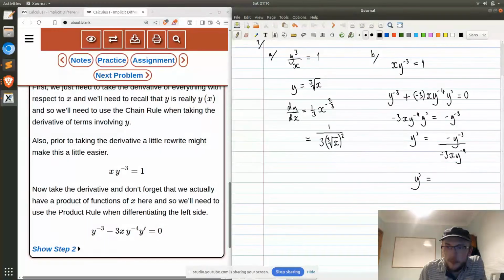And then we have y to the minus 3 over y to the negative 4. So that just has to turn into a single y right there, just like that, over 3x.